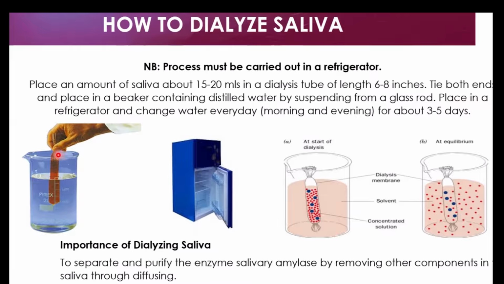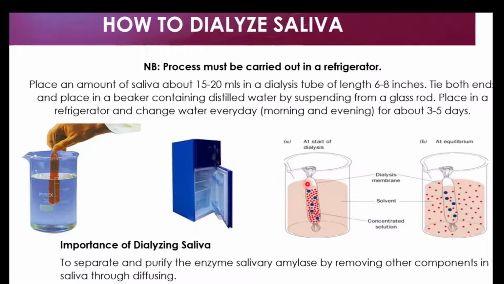You tie both ends as seen over here and place in a beaker containing distilled water by suspending from a glass rod. When you are done with this, you place it in a refrigerator and change the water every day, that is every morning and evening, for about 3 to 5 days.